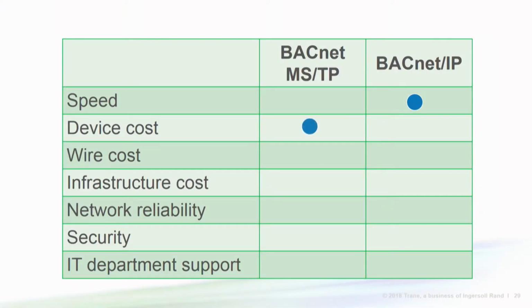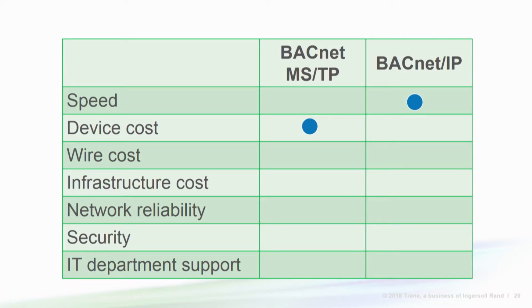If you assume a 200% markup, now my RS-485 transceiver costs $1, and the Ethernet interface is $5. There will probably be at least 2 additional markup costs before the device gets installed, so $1 becomes $3 and $5 becomes $15. When you have lots of units like a VAV box or fan coils, the cost difference really adds up. So for device cost, the advantage goes to MSTP.